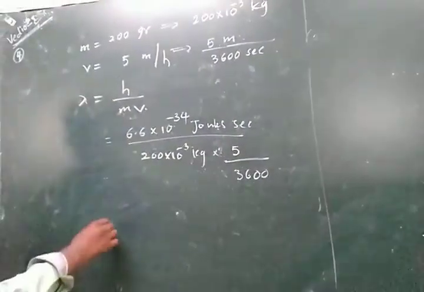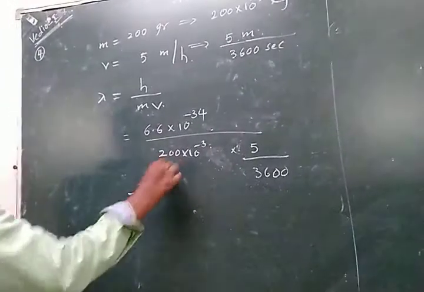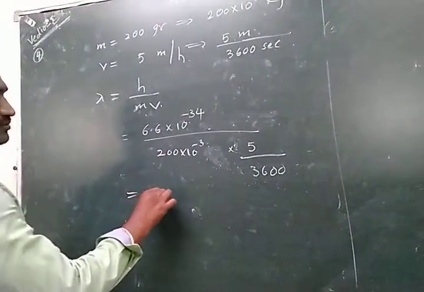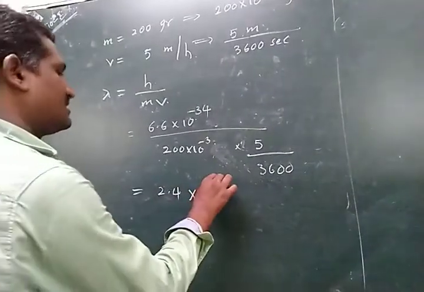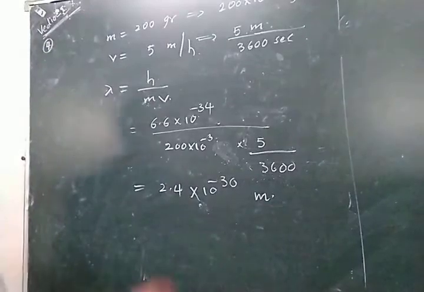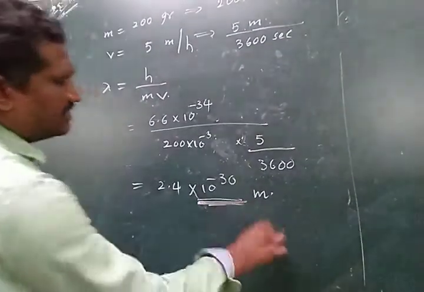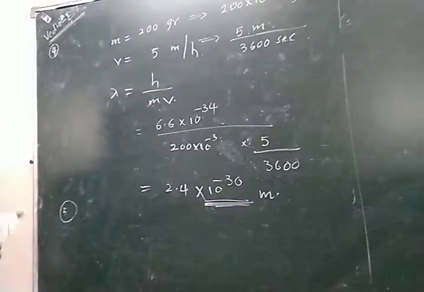If you simplify this value, you will get 2.24 into 10 power minus 30 meters. They want the order, so you have to consider 10 power minus 30. Next question, question number 5.